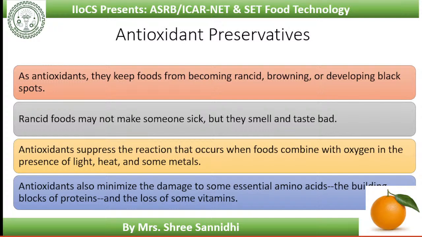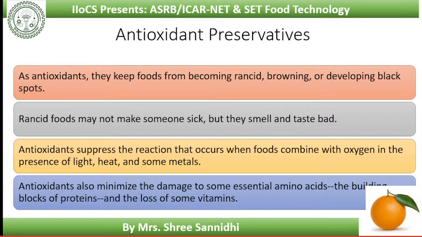As antioxidants, they keep foods from becoming rancid, browning, or developing black spots. Rancid foods may not make someone sick, but they can smell and taste bad. That's why it is important to avoid rancidity in the food.